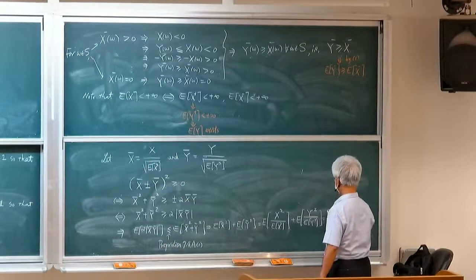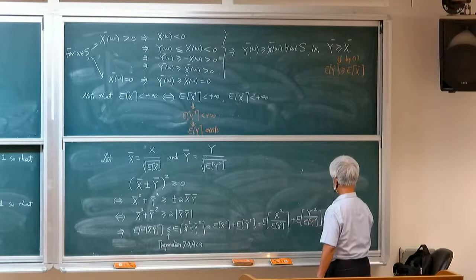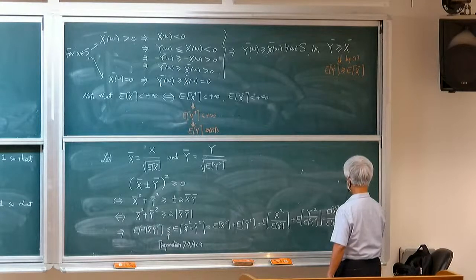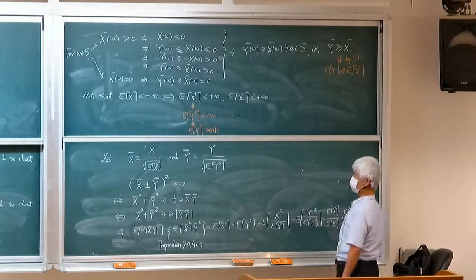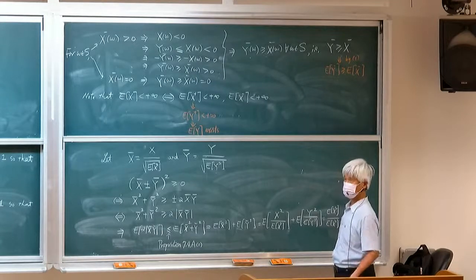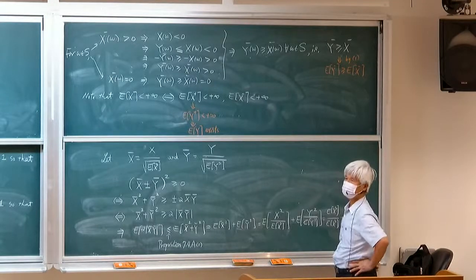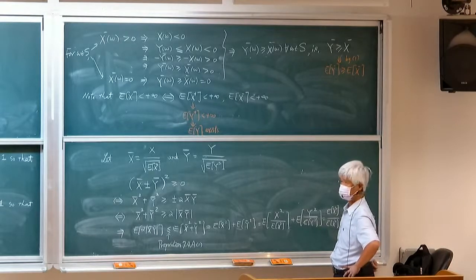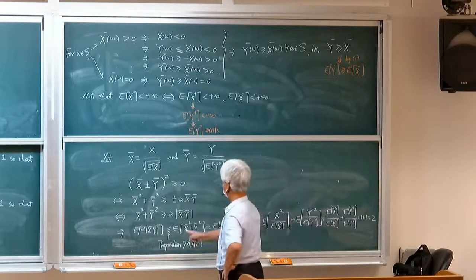And this is the expectation of x squared, by bilinearity of expectation. One plus one equal to 2. Is that okay? So we have this one.